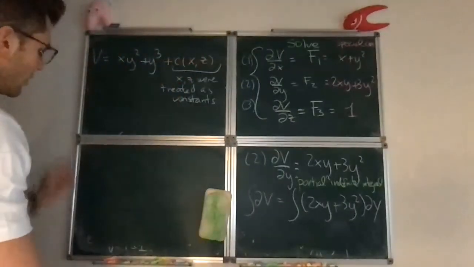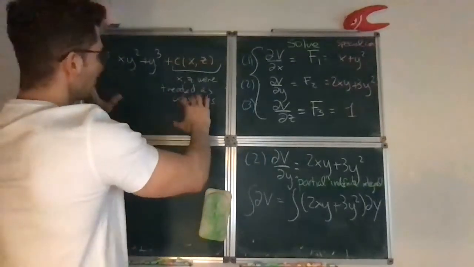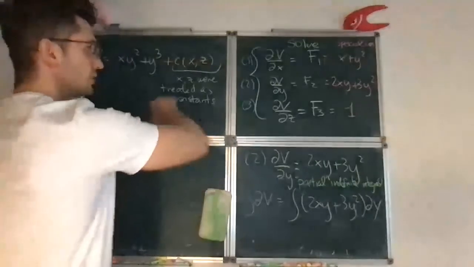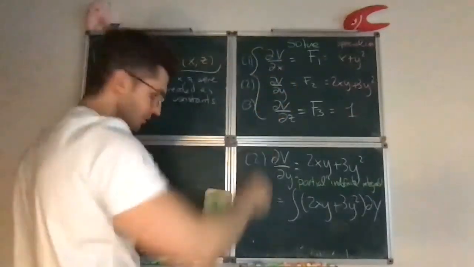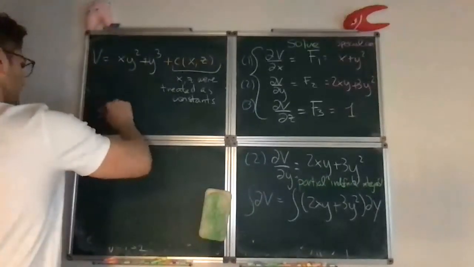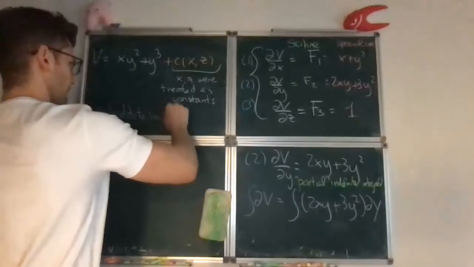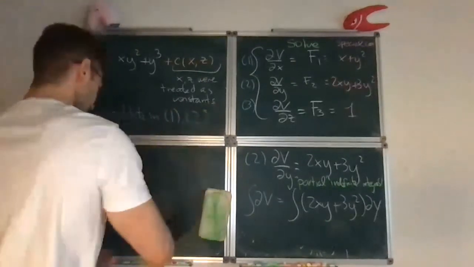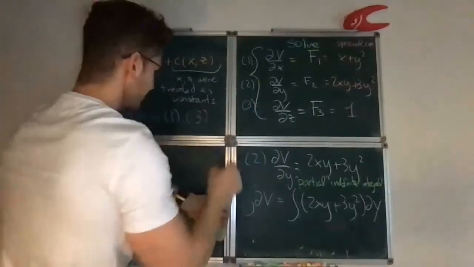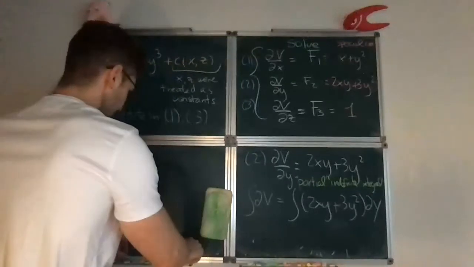And so what this means is that we know that the potential function, whatever it is, must have this particular form. And so what you need to do is substitute it back into the other equations. We already used equation 2, so let's substitute this v into these two other equations and see what we get.